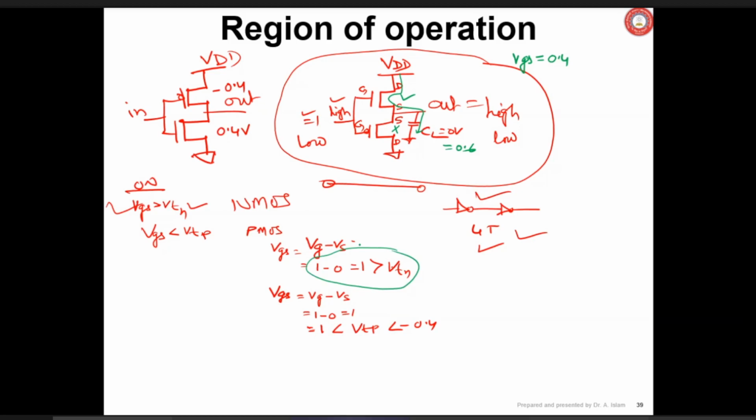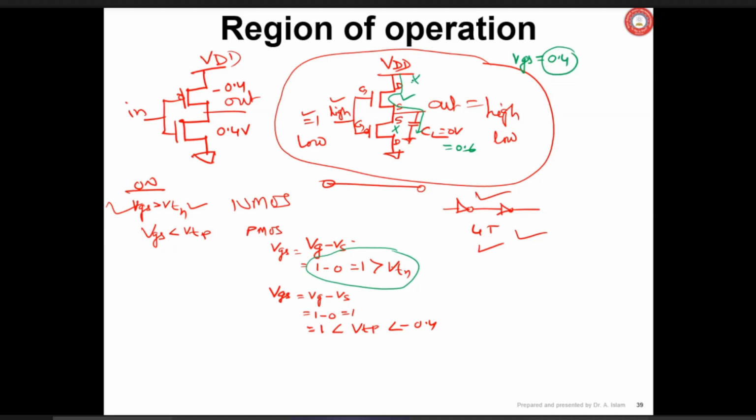VGS should be greater than VT. Now it is equal to VT. Till this point, MOSFET is on. If CL tries to rise up beyond 0.6 volt, then this MOSFET is going to be off. What does it mean?